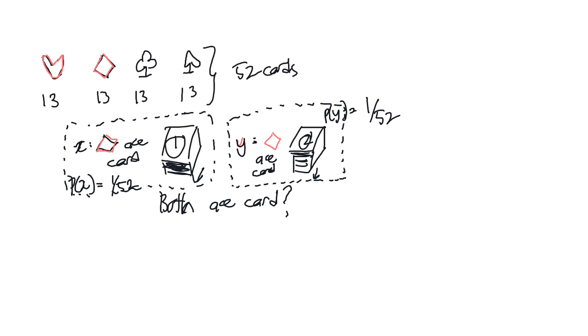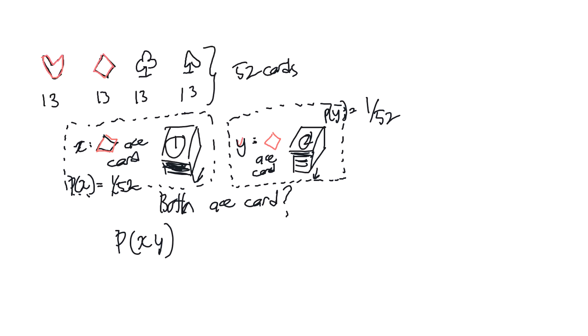So you pull from set number 1, and then you check the card, and then you pull from the set number 2, you check the card, and what is the chance that both cards are diamond ace cards? So that is probability of X and Y, right?